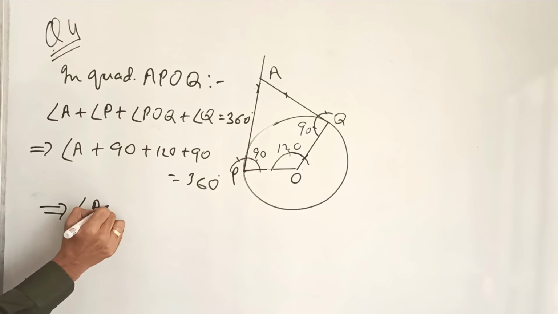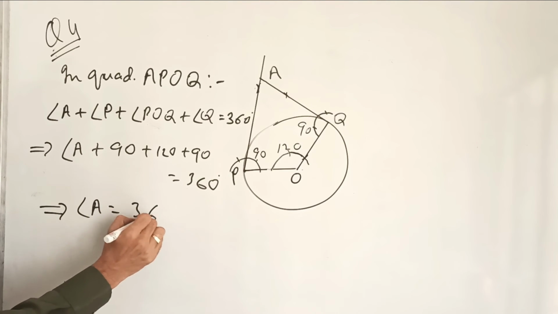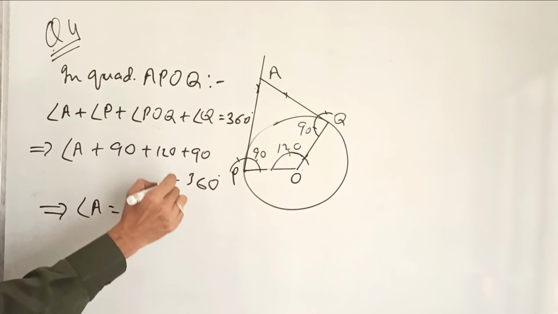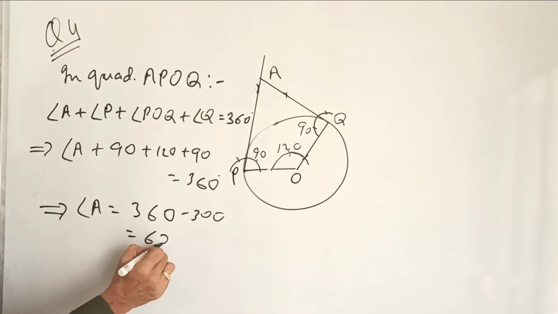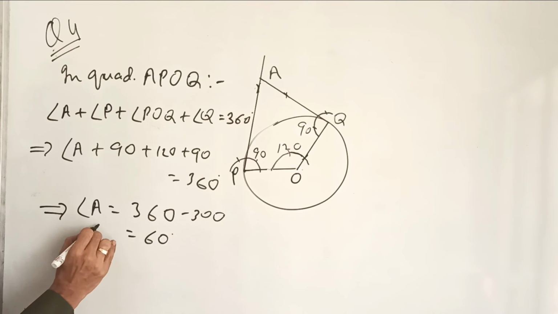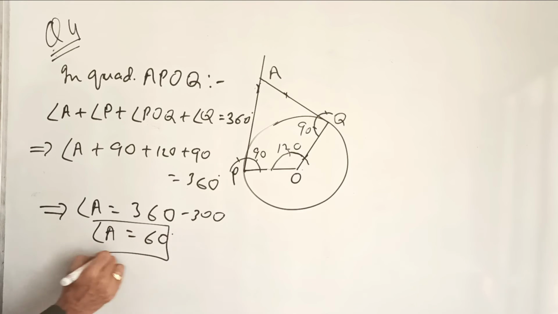Now angle A is equal to 360 minus 300, so this is 60 degrees. Okay, student. So we verified by the calculation that A is 60 degrees.